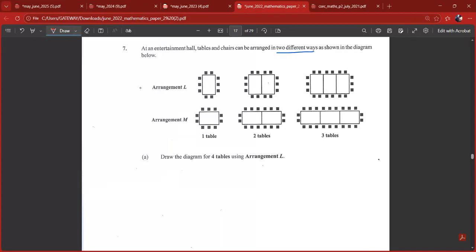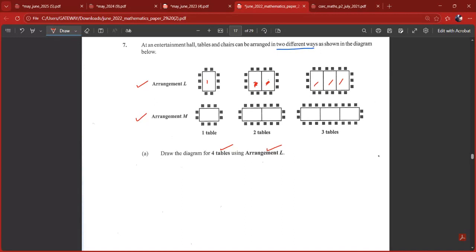You have arrangement L, arrangement M. Draw the diagram for 4 tables using arrangement L. Now this is 1 rectangle, this is 2 rectangles, this is 3 rectangles. A rectangle is a table, so for 4 tables, you're going to have to draw 4 rectangles.